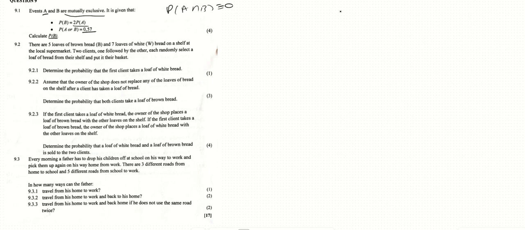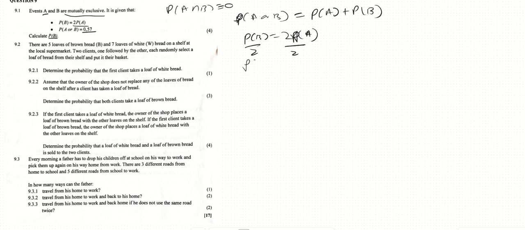Then what do we know? We know that probability of A or B is equal to probability of A plus probability of B. In this case, we are given that probability of A is equal to twice probability of B. So in other words, we can divide by 2 to say that probability of B is equal to probability of A over 2.